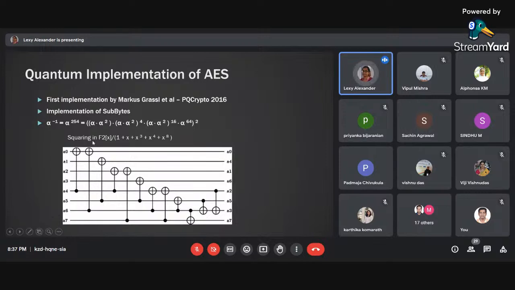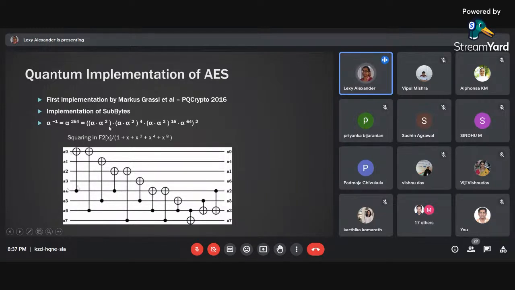Squaring in the finite field GF(2 power 8), which is used in AES, is implemented in a quantum circuit like this. It uses so many CNOT gates.